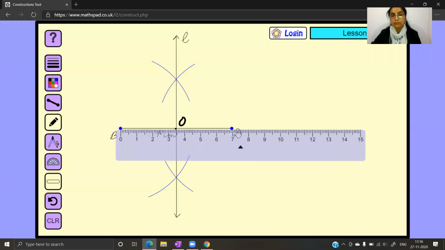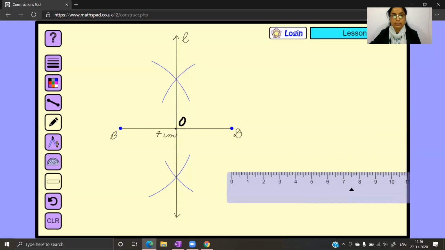Open the compass, 3 centimeters in radius. This will be the half of the other diagonal.